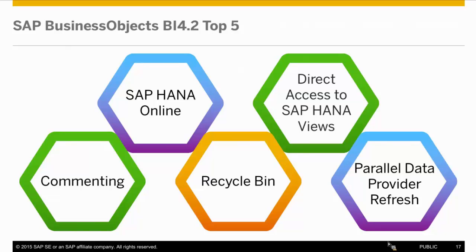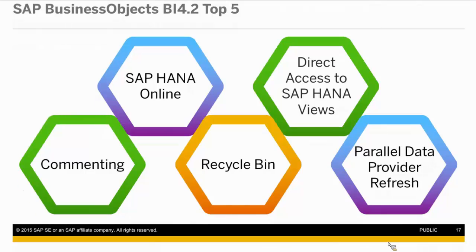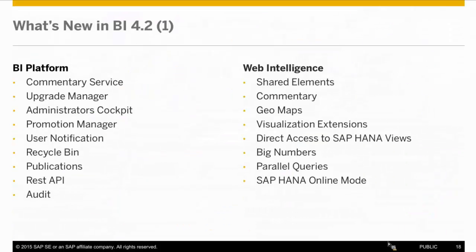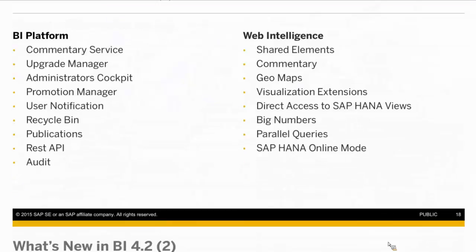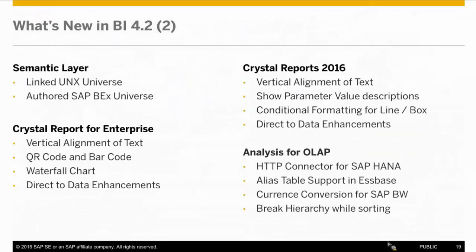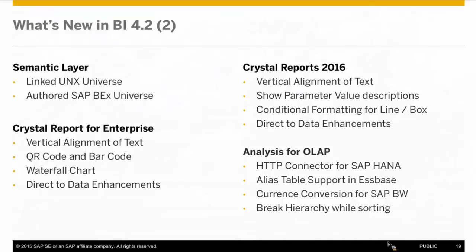Commenting, a recycle bin, and parallel data provider refresh for Web Intelligence. I'm not going to spend too much time on those points at this moment. We'll go through them a bit later when I go through the rest of the slides. So on a high level, what do we have new? That is just a teaser of what we will get throughout the rest of the session.